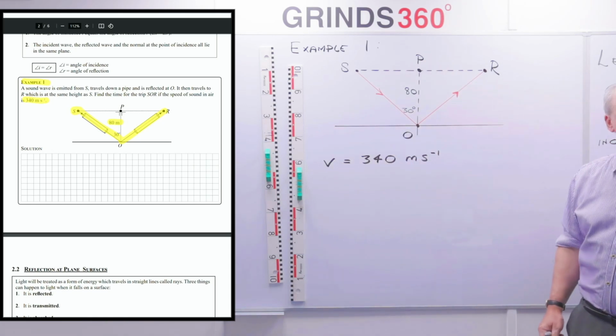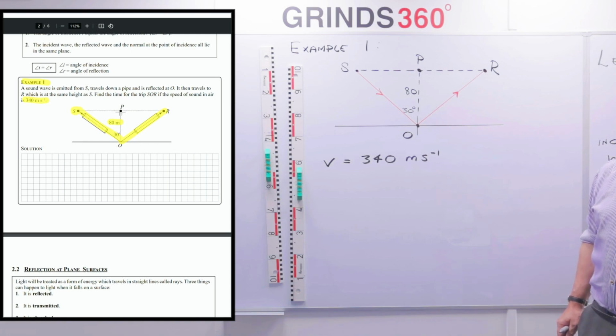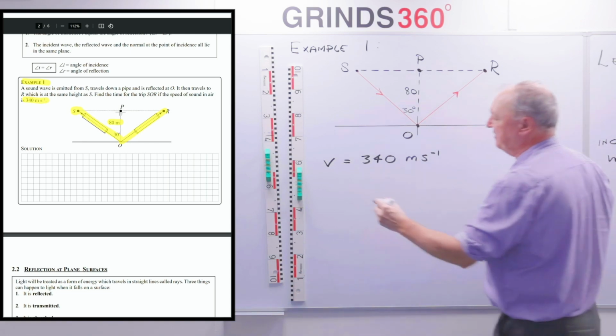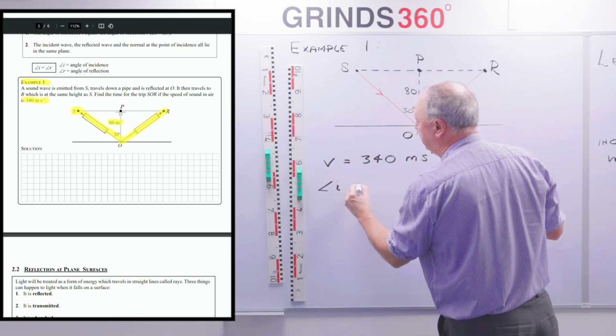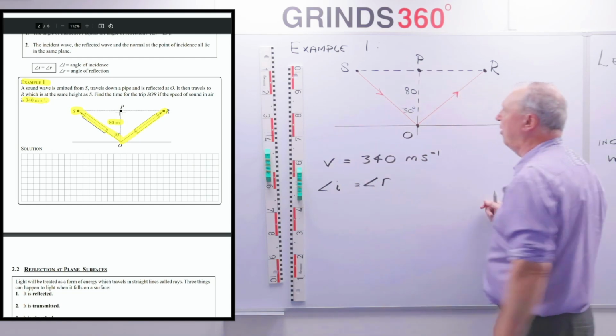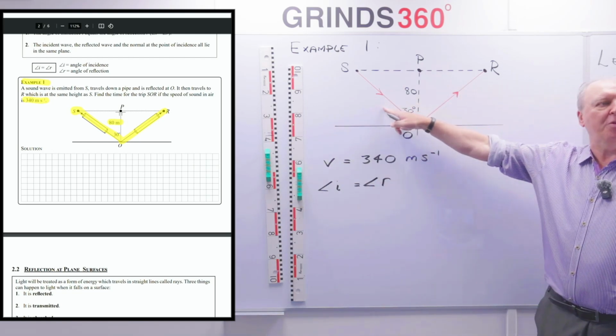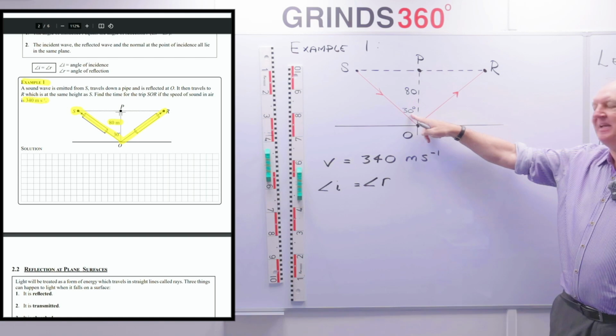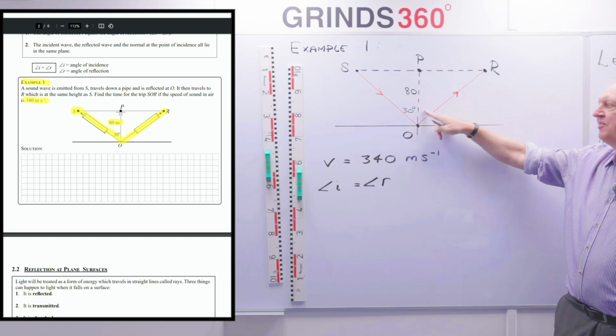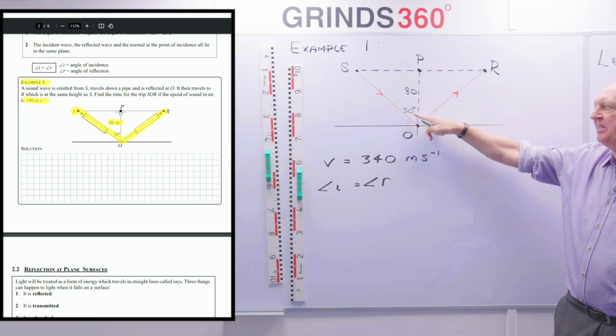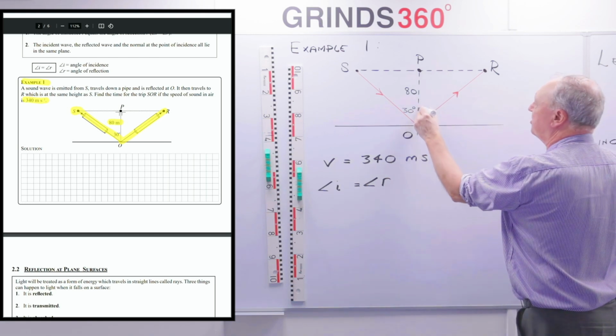The first thing to do is to use my law of reflection, and that is the angle of incidence, I, is equal to the angle of reflection, R. There's your incident wave coming in. There's the angle of incidence, 30 degrees. So obviously, this is the angle of reflection, and that's equal to the angle of incidence. So this is 30 degrees.